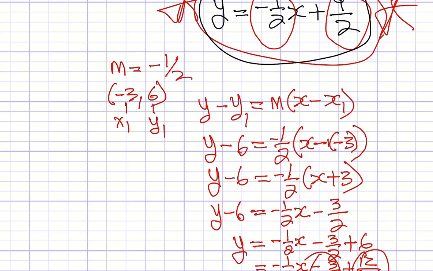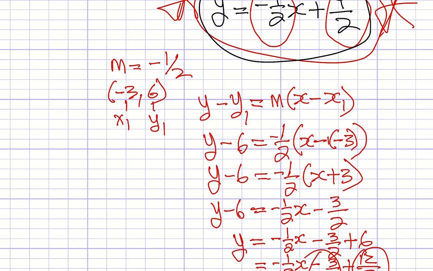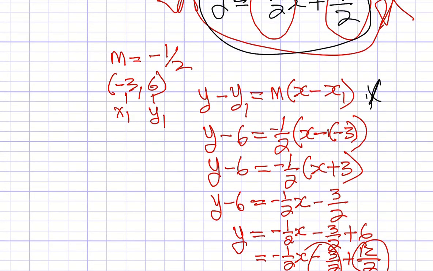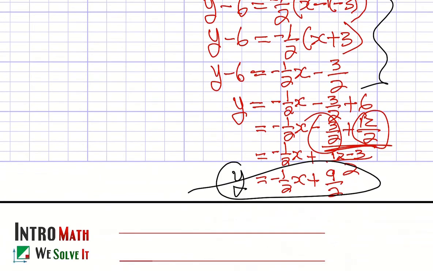Once you find the slope using those two points, it doesn't matter which point you choose to form the point slope form of the equation. Once you do that and simplify, you're going to end up with the same result. It doesn't matter which point you use. That's what I wanted to show you right there.